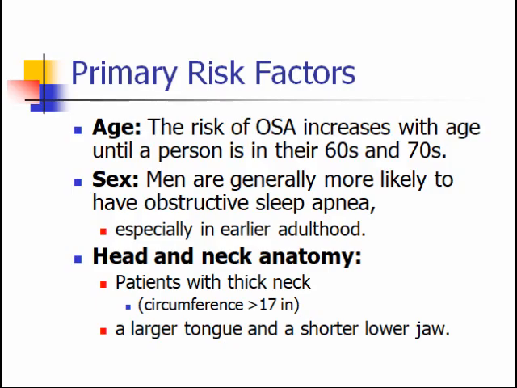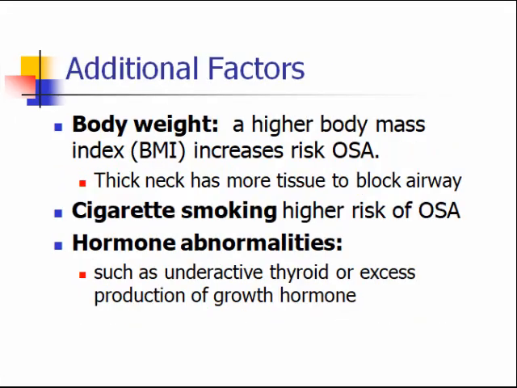Patients with a larger tongue or shorter jaw may also have a greater risk of getting OSA. Increased body weight, a higher body mass index, BMI, increases the risk of OSA. It kind of goes along with the thick neck because there's more tissue to block the airway.